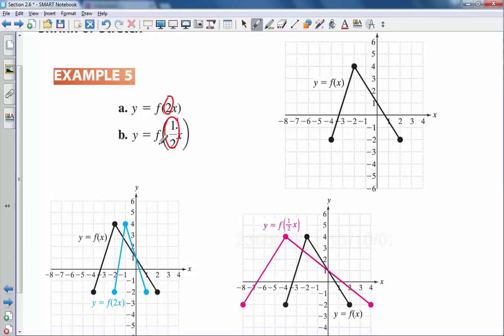Where does it show up? Inside, right, glued to x. So it's directly affecting x values. So I'm expecting some kind of shift or shrink or stretch sideways, horizontal. It's not vertical. Okay? Look what's going on.